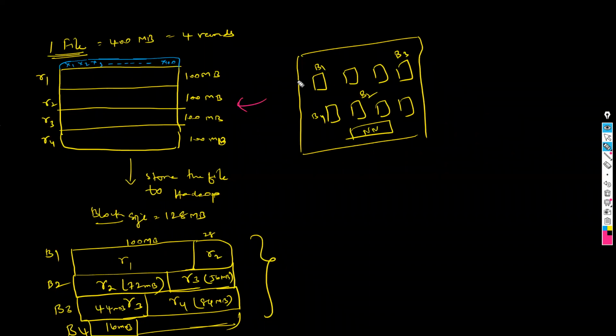Because when I'm assigning a task to this node, it is taking block 1. But in block 1, you have row 1 and row 2 also. In row 1, you have the complete row, x1 to x100. But in row 2, you'll have only x1 to x28.